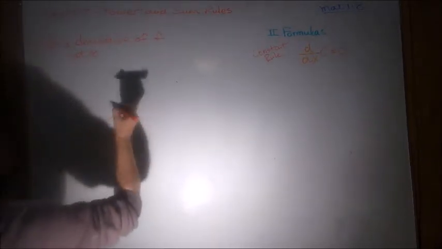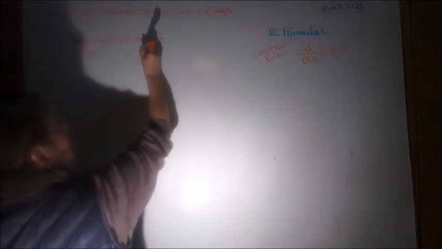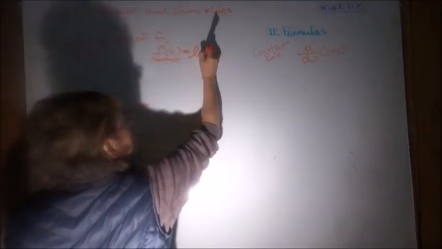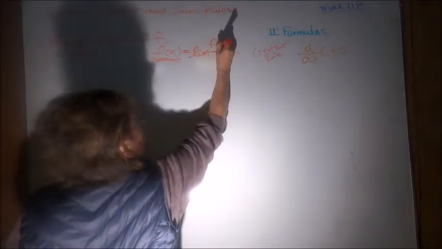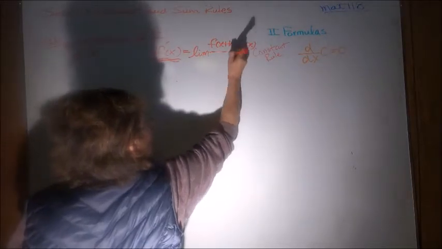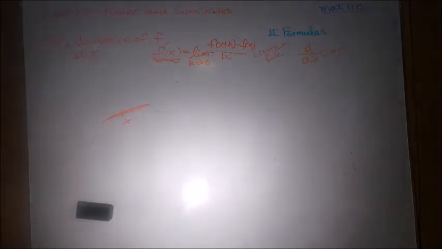How was it defined? It was defined a certain way, right? It was defined as f prime of x, okay? That's the symbol we were using. It's given by f of x plus h minus f of x over h, when h is approaching 0.